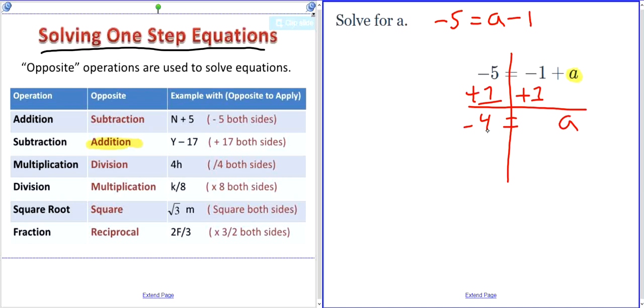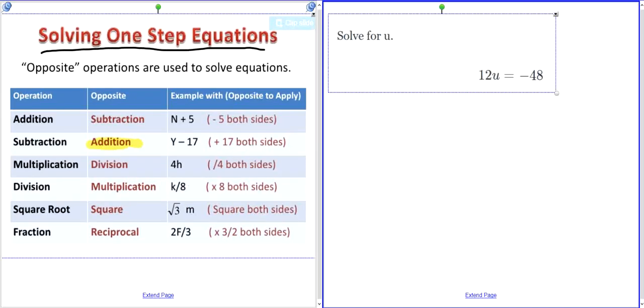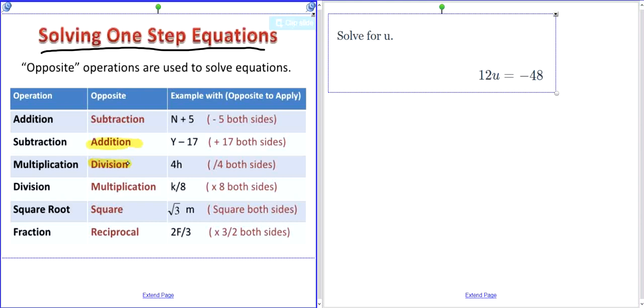Alright. So that's subtraction. Now on this next one, we're going to have multiplication. It's multiplication because you have 12u, 12 times u. So you do the opposite of multiplication and do division.